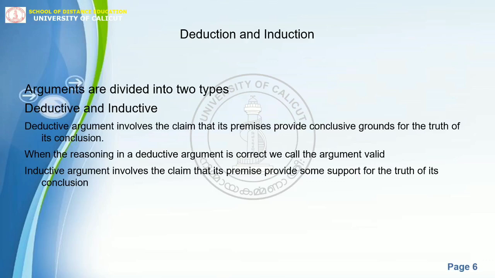An inductive argument involves the claim that its premises provide some support for the truth of its conclusion.